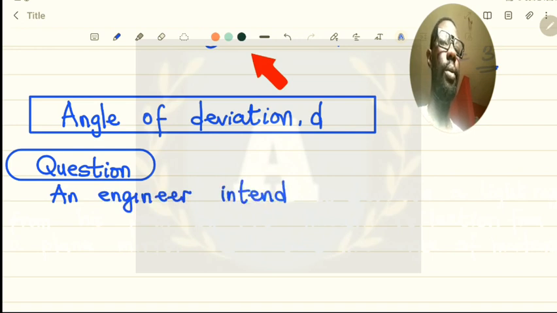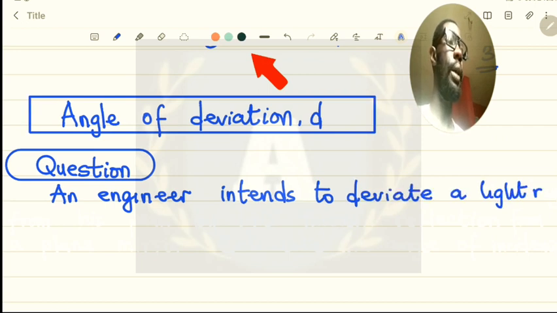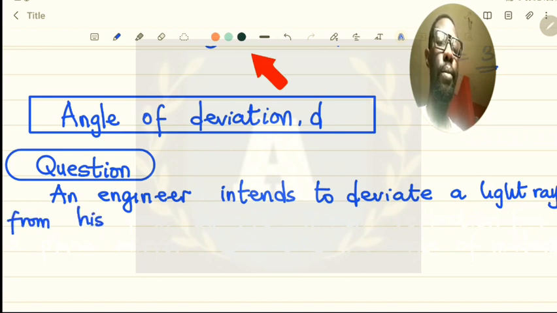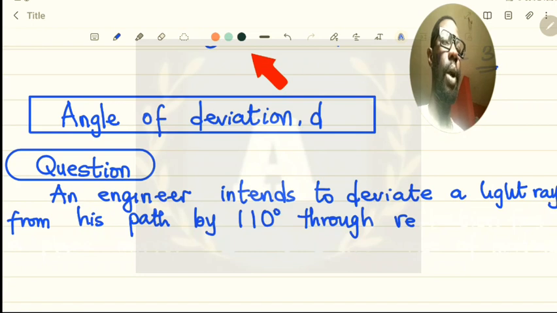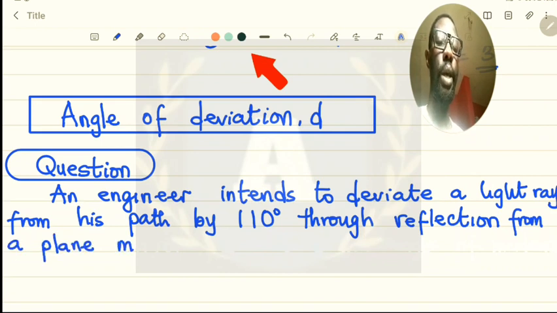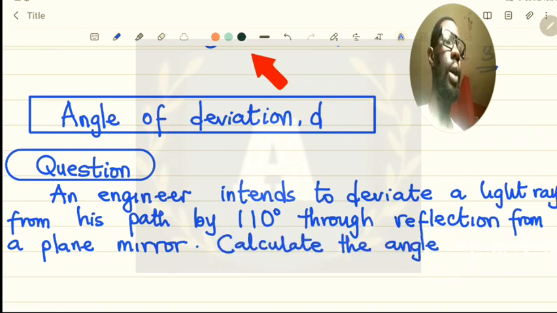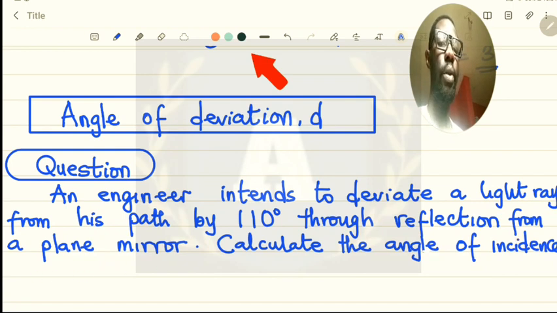An engineer intends to deviate a light ray from its path by 110 degrees through reflection from a plane mirror. We are asked to calculate the angle of incidence.